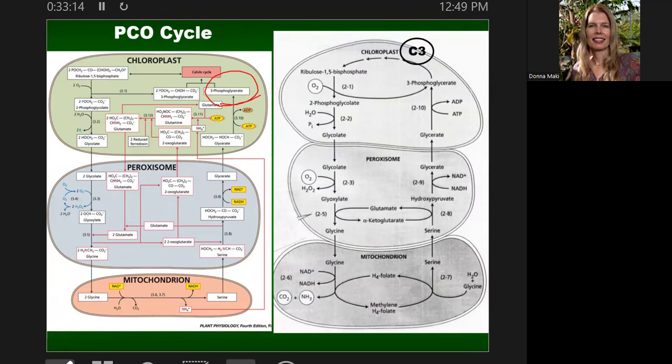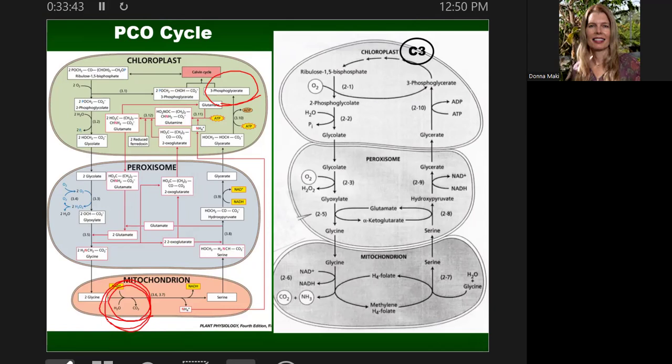I wish the artist had been a little bit more exaggerated about the CO2 coming off here. That's a big deal right there. So this is the lost carbon they're talking about. The plant respires the CO2 instead of using it to fix it into sugars in the Calvin cycle. It's lost. And so they see a reduction in how well the Calvin cycle is running and how much it can build up its sugars.